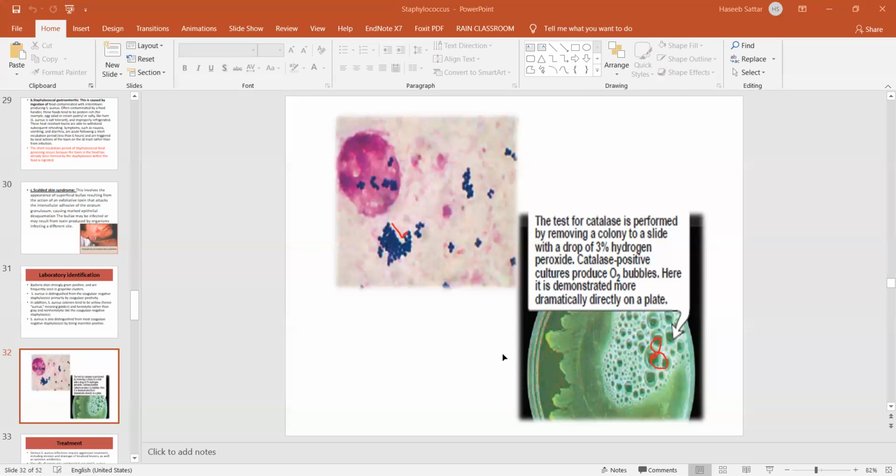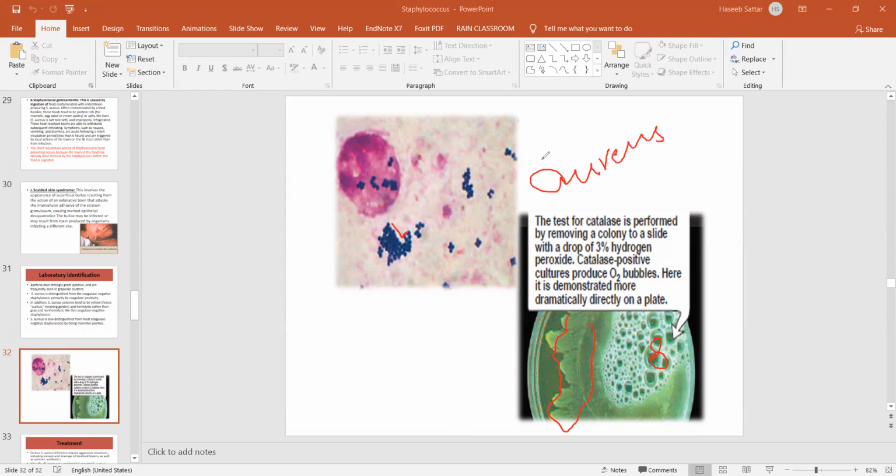When we culture Staphylococcus aureus, the colonies are yellow in color. If you see here, these colonies are yellow in color. So this is also one of the identification points for this bacteria. Staphylococcus produces a yellow color, and that is why this bacteria is known as aureus.